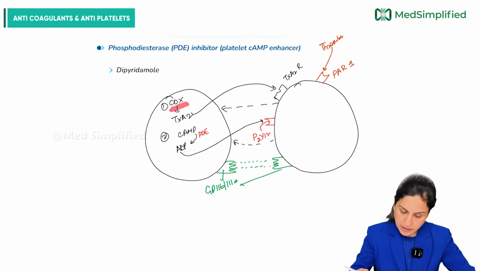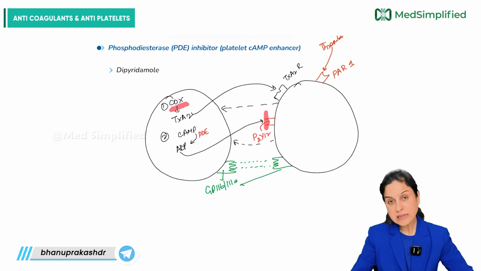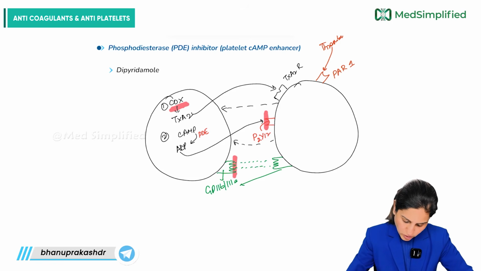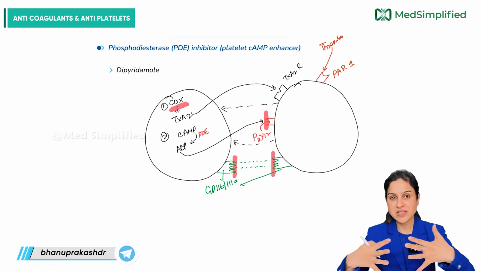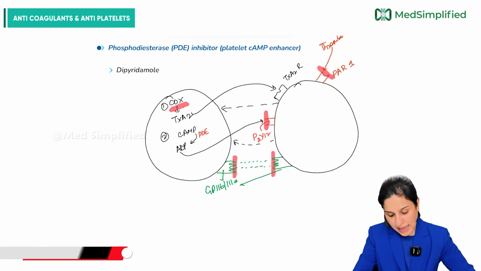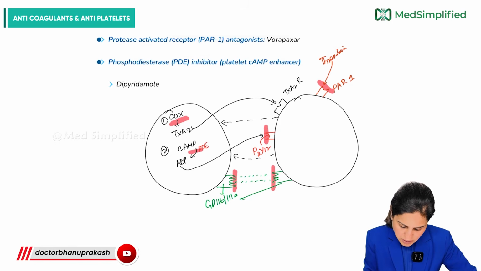Then ADP antagonists or P2Y12 receptor blockers are going to block the receptor here. GP2B3A antagonists, again, are going to block this, so there's no adhesion between them. Then PAR1 antagonists are going to block this receptor. And the last one, phosphodiesterase inhibitors, are going to inhibit this particular step.